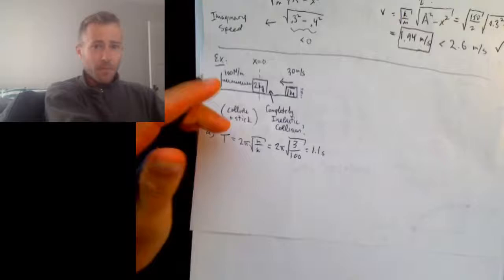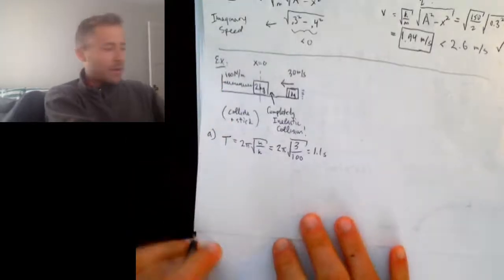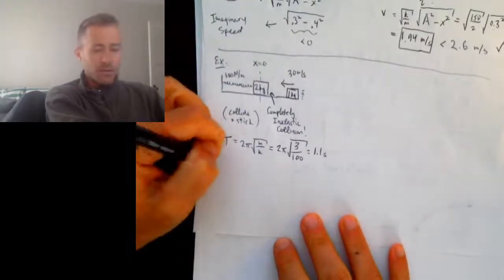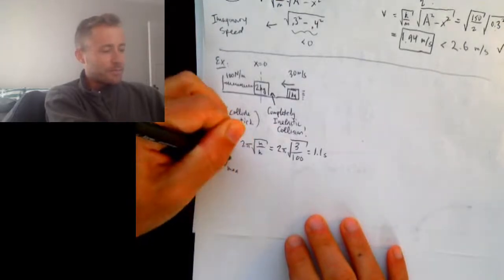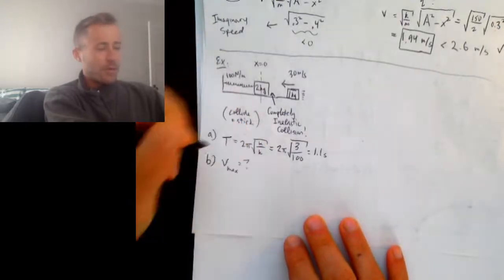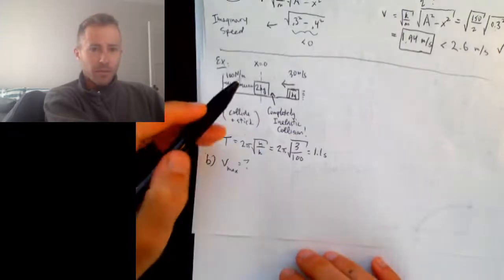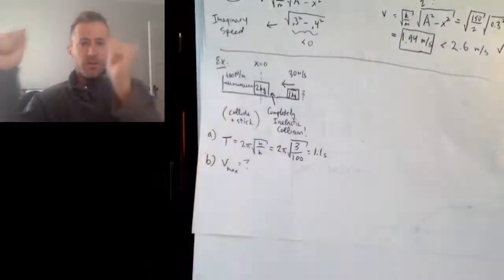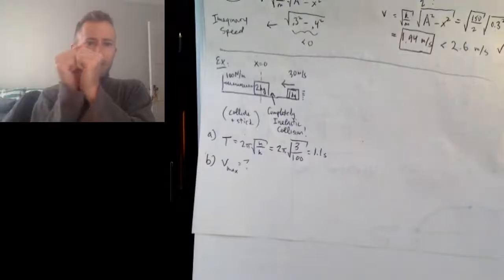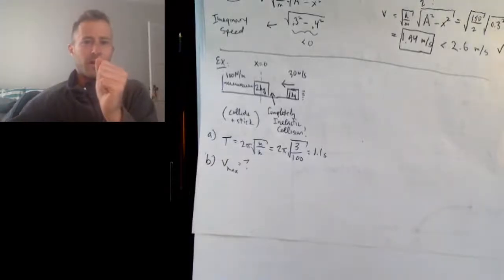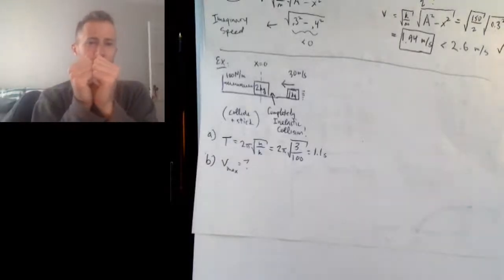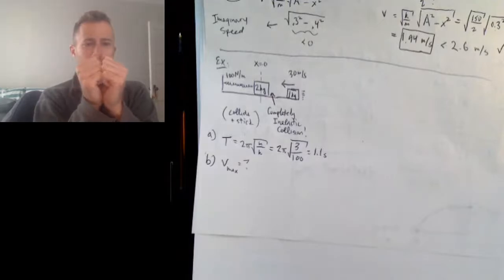And then what if we wanted to know what is the maximum speed? Well, basically, the 1 kilogram mass comes in, collides, and then they start oscillating together. All right? And if we think about it, after the 1 kilogram mass collides, they're going to start moving to the left.